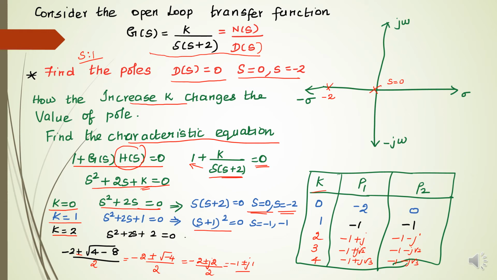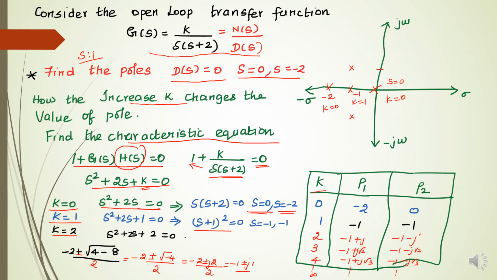If we increase the value of K up to infinity, the value also increases. P1 and P2, both the poles, increase. Now I have to mark the poles. When K = 0, this is K = 0 and this is also K = 0. When K = 1, this is K = 1, -1. And if we increase the value further, when K = 2, I will get the answer -1 + j and -1 - j.